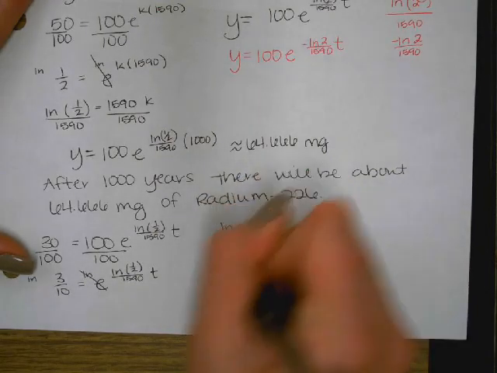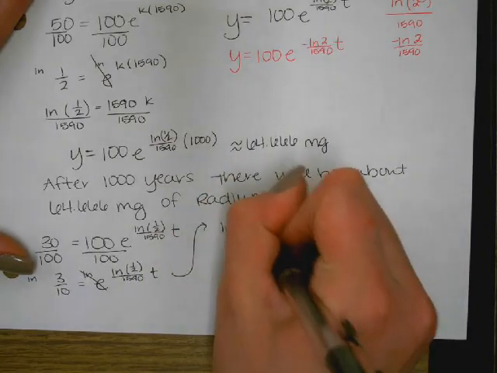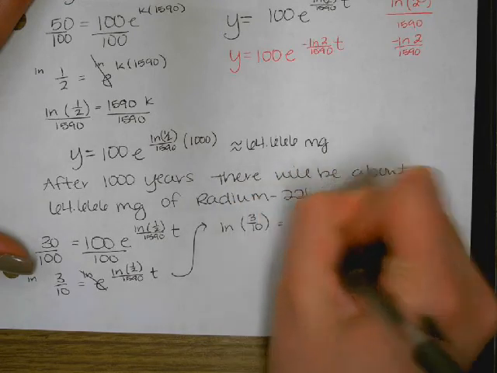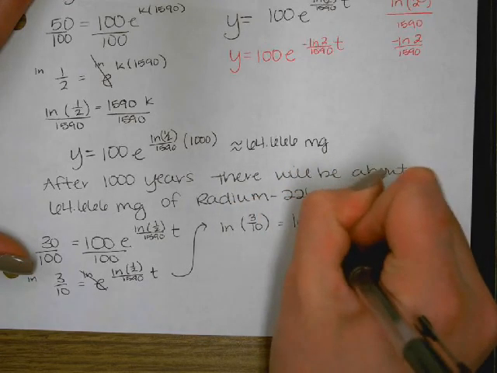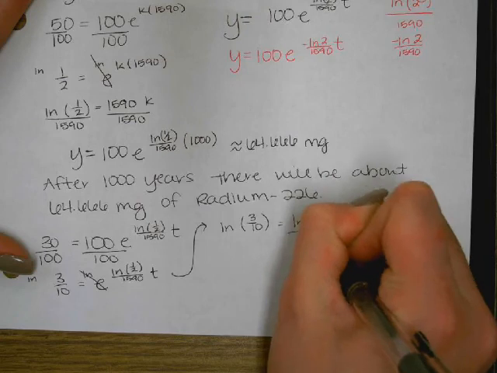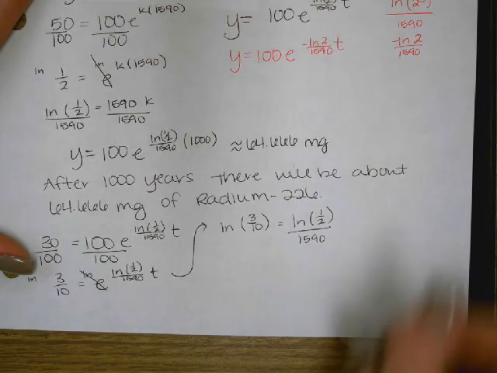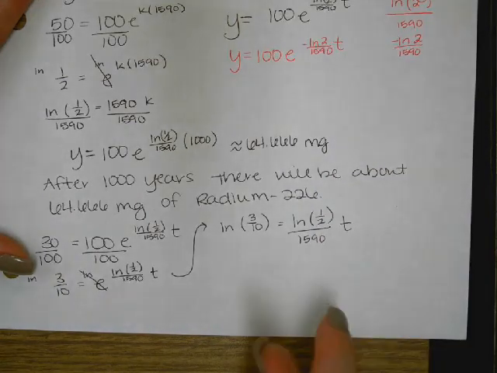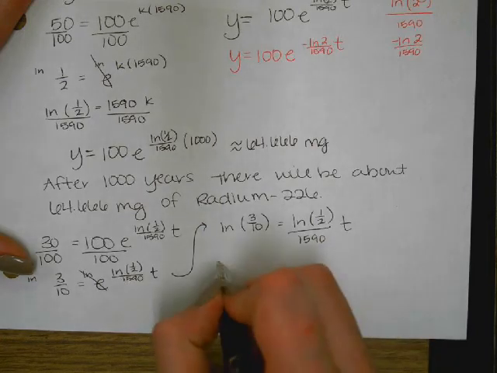So ln of 3/10 equals ln of 1/2 over 1,590 times t. And then I'm going to go ahead and divide by that value.